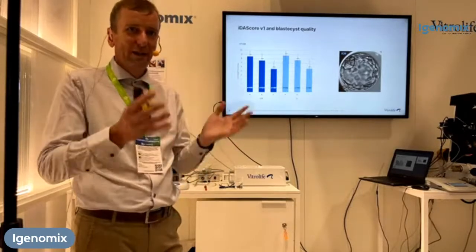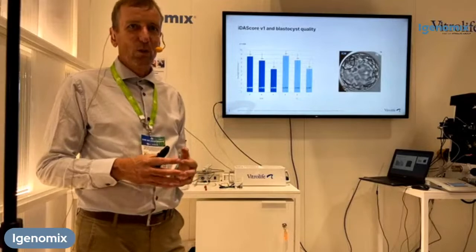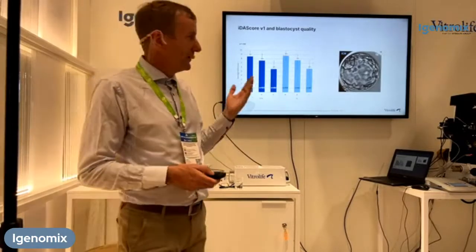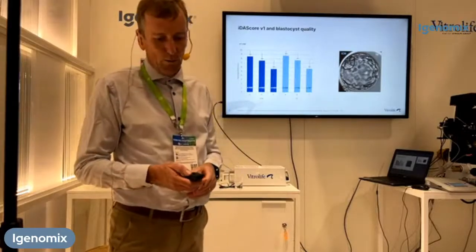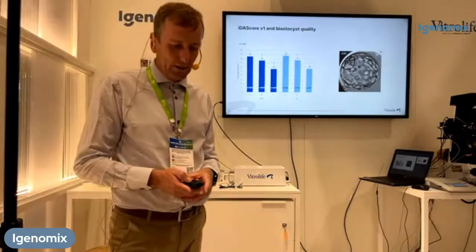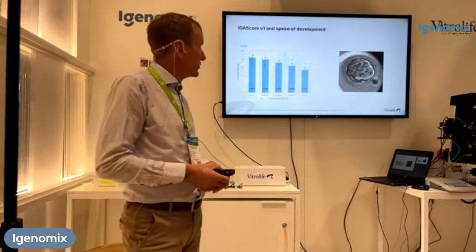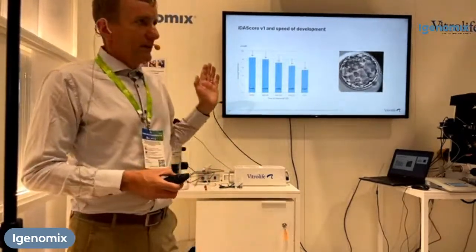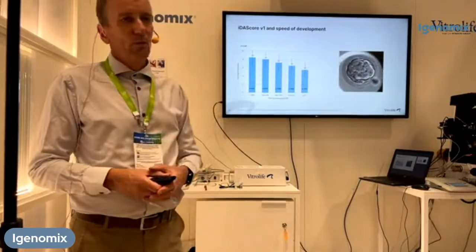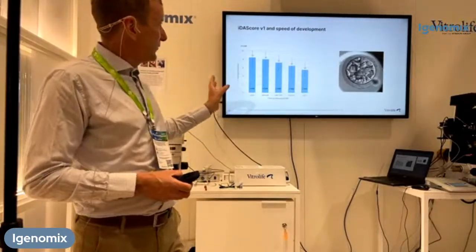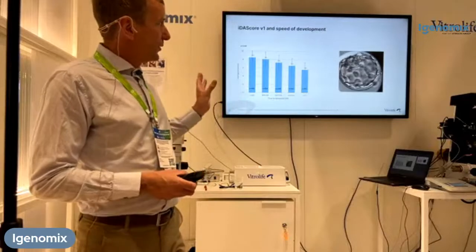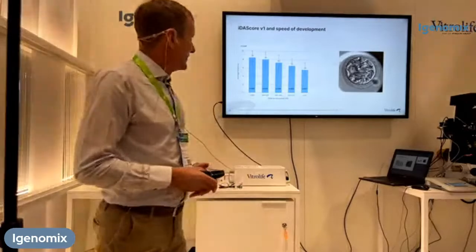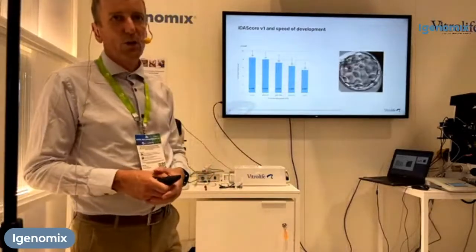We have also learned that the number of cells is important. So probably iDAScore has learned something about the same, and at least you see a very good correlation with the gradings. And if we then turn to the speed of development, we have made a similar study where we grouped the different blastocysts according to their tB. So on the left you have the very fast embryos, and to the right you have the slow embryos.